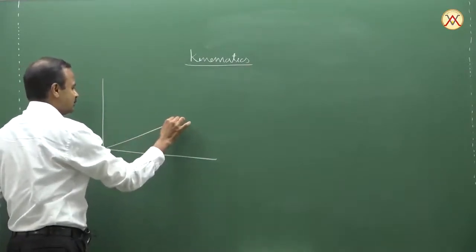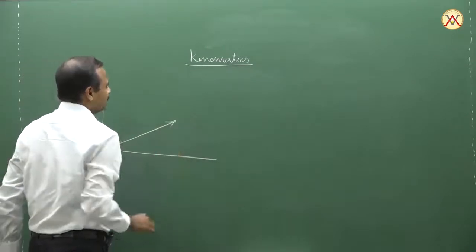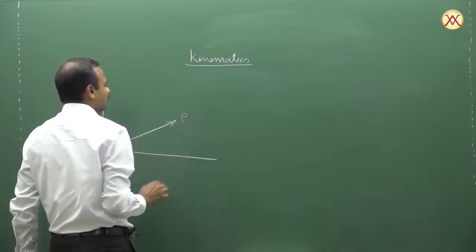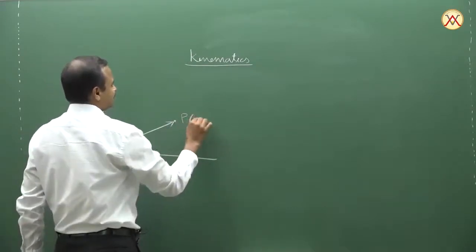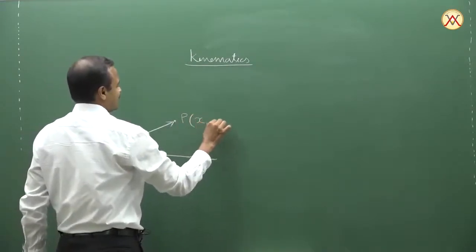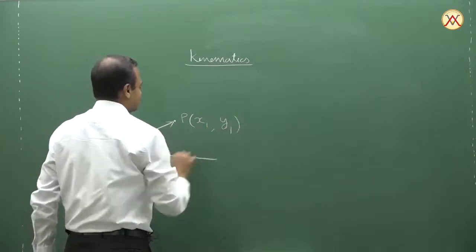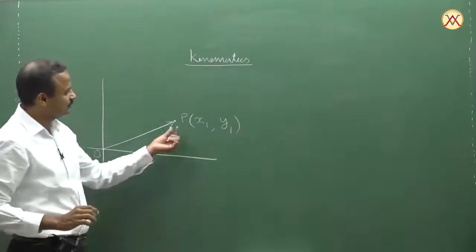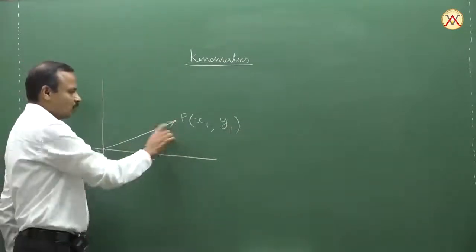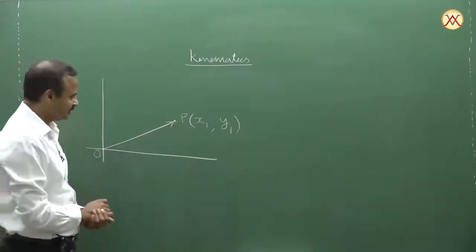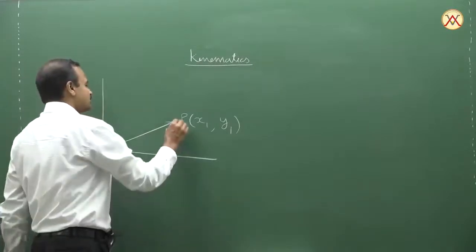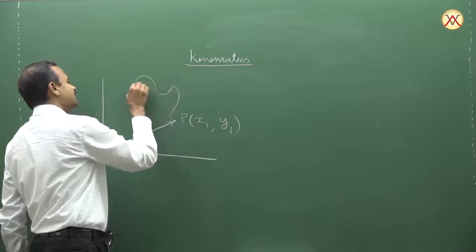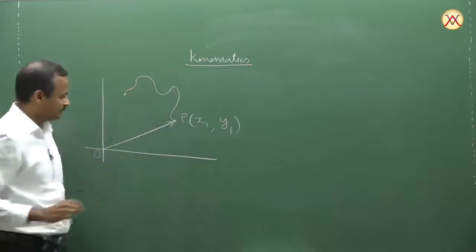This is the position vector. Suppose we have a particle at point P. Point P has coordinates, let us say x1, y1. This is our origin. So this vector from O to P is called the position vector. Now suppose the particle moves like this and it goes from here to here.